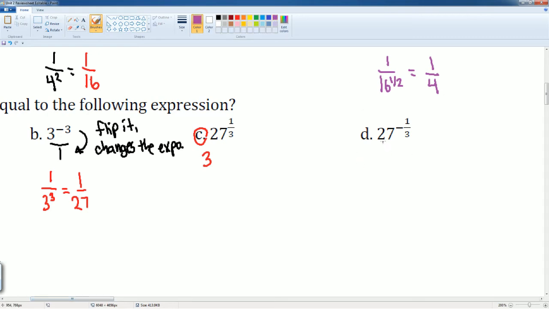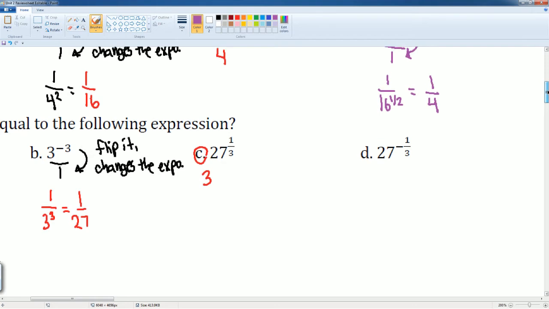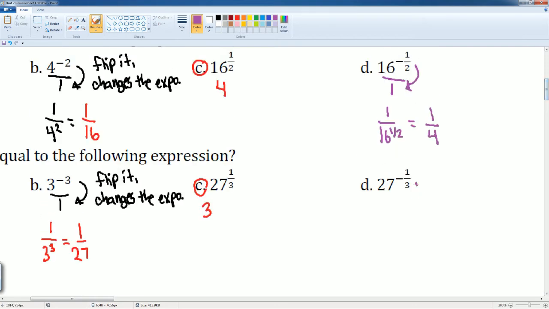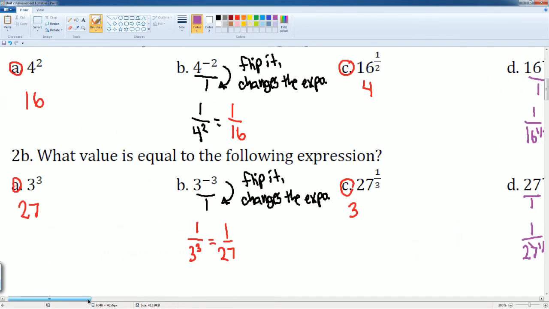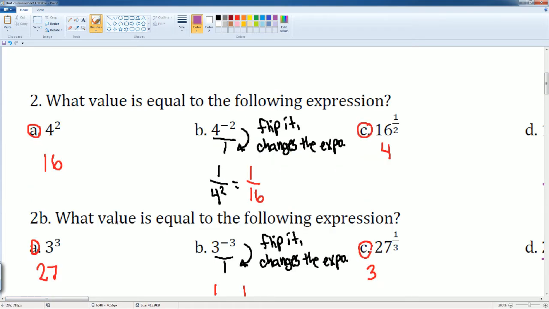Well, like what we did before, we have to flip it. So this becomes 1 over 27 to the 1/3 power. And we know that 27 to the 1/3 power was equal to 3. So this is 1/3. All right. That is how to do 2A or 2B.